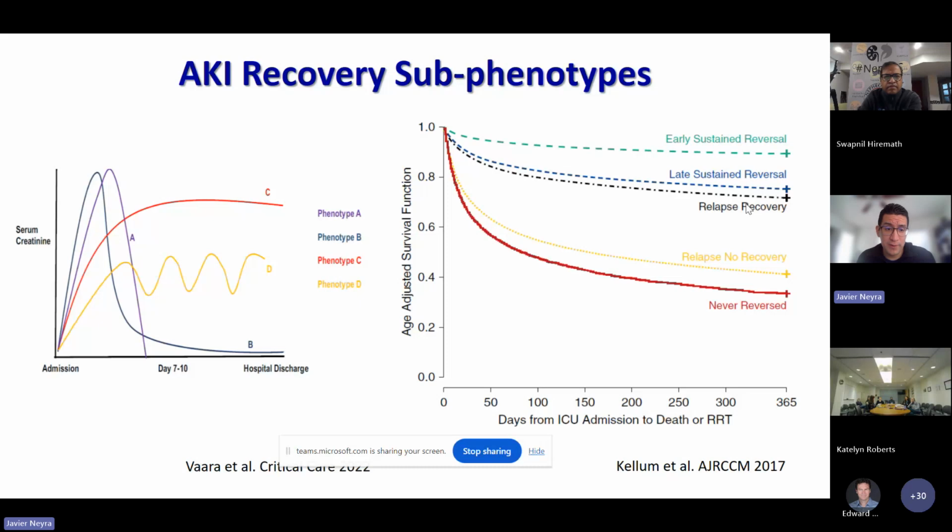Subphenotypes based on level of recovery, very important. On the left side of the slide is the conceptual representation of different trajectories of AKI that you see a lot of the time in the hospital.